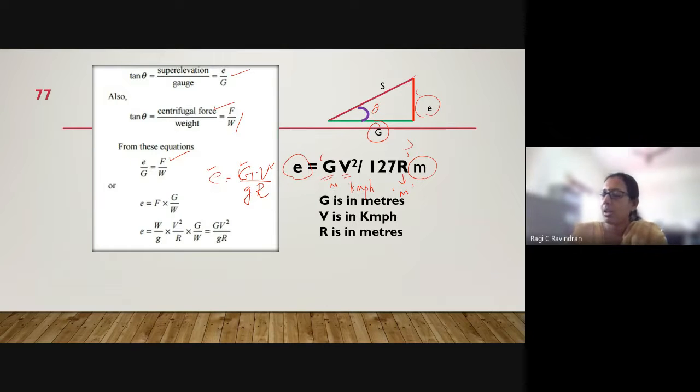So I just want to remind you not to get confused and mix up everything. This is the general equation, E is equal to GV square by 127 R, in which you get the value of E in meters.